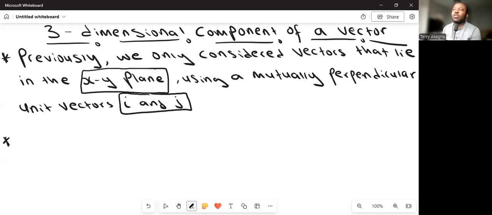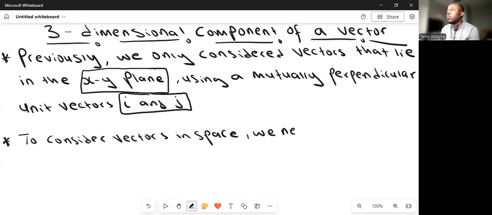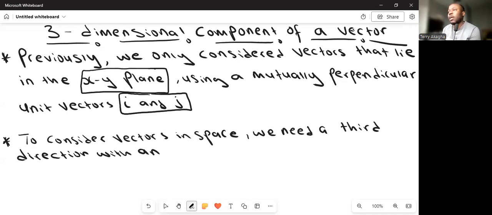Now, in order for us to do this, we have to consider vectors in space. So we need a third direction, a third direction with an axis that is perpendicular to both.